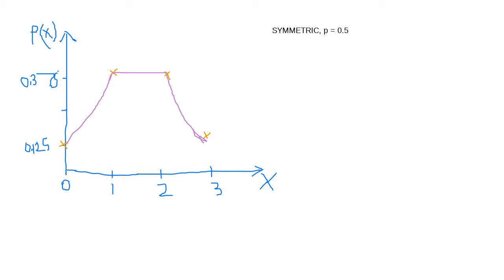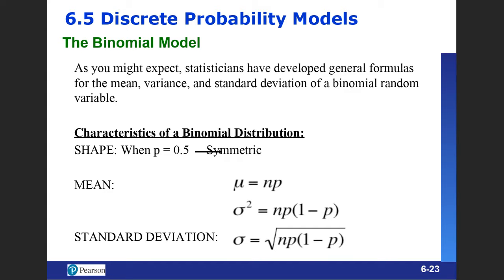that brings us to the last slide for today, which is about the shape or the characteristics of a binomial distribution. So this is what I just mentioned. When p is equal to 0.5, you always have a symmetric binomial distribution. If it's not 0.5, it's skewed. Next thing is mean. So I said that this is the formula, n times p.